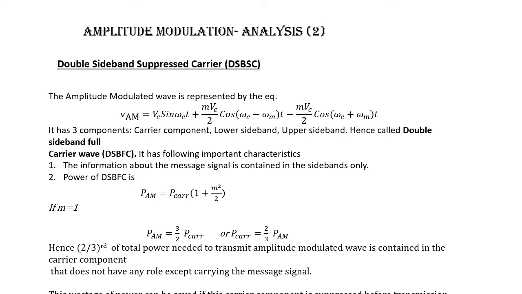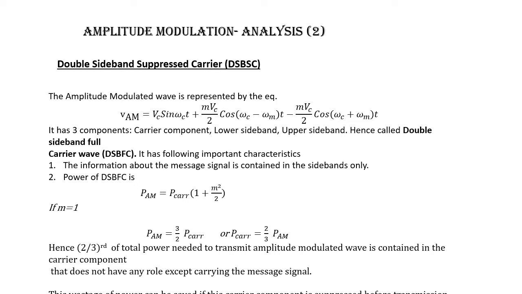Amplitude modulation. Let us discuss the other versions of amplitude modulation. Actually, the original or basic version of amplitude modulation is double sideband and full carrier. That is the basic or fundamental version of the amplitude modulated wave.